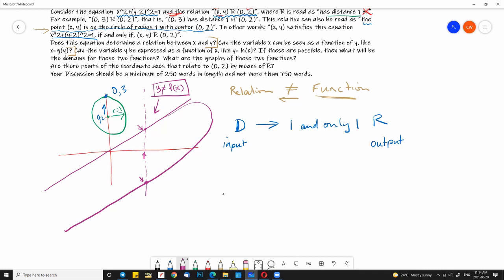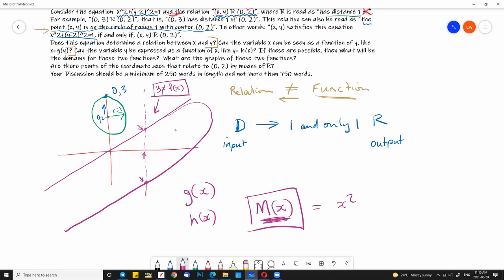And as soon as you use this notation, g of x, h of x, even capital letters, M of x, you are implying that whatever graph this is, it's a function.